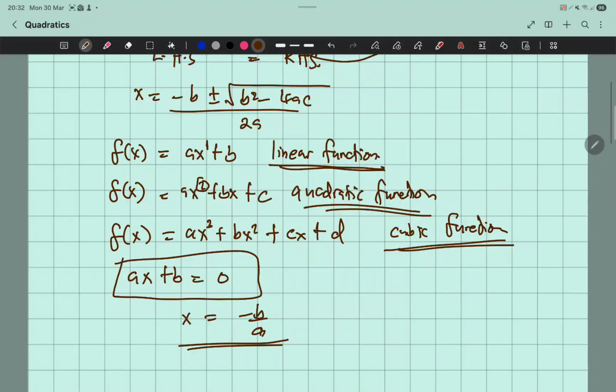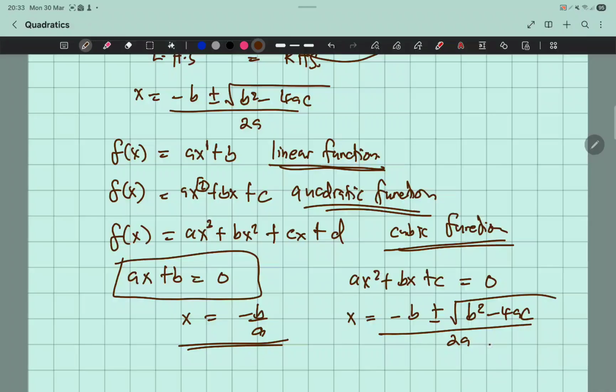And the same can be done. We can also solve for quadratic equations. So for quadratic equations, we put ax squared plus bx plus c equal to 0. And in the last video, we derived the equation to solve quadratic equations, x equals negative b plus or minus root of b squared minus 4ac, all that over 2a.